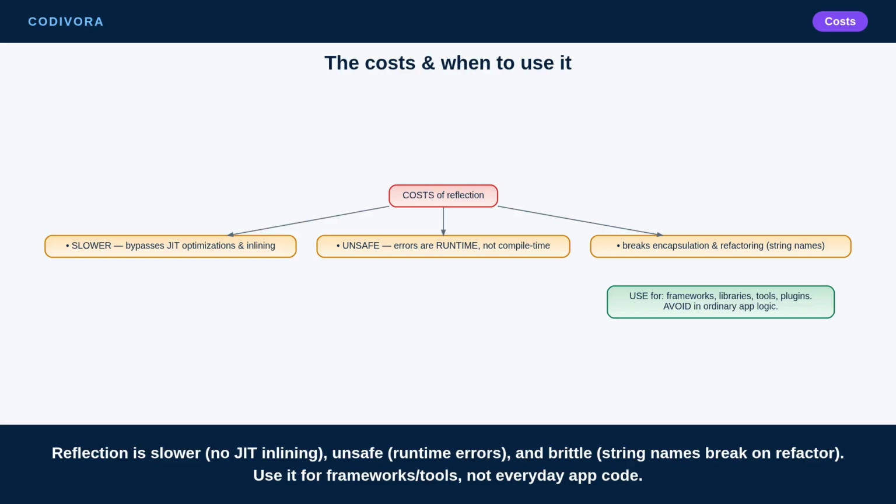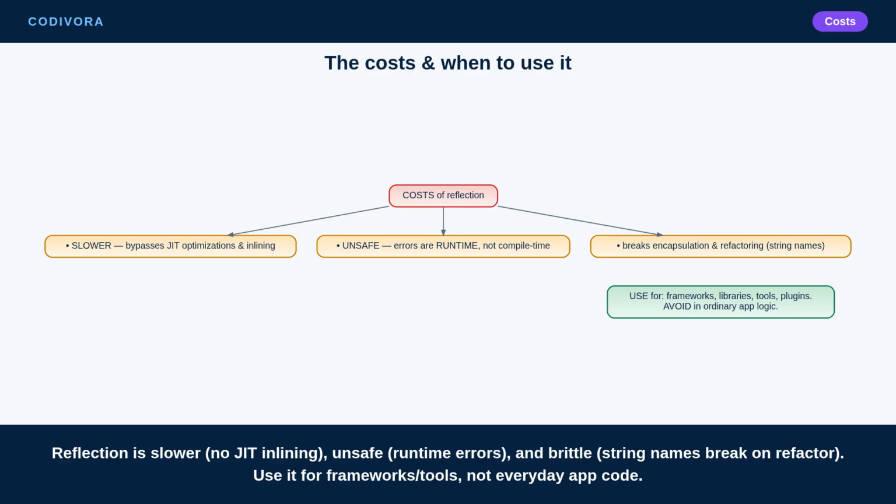Reflection isn't free, and knowing the costs is what separates a pro. It's slower because it bypasses the JIT's optimizations and inlining. It's unsafe. Mistakes surface as runtime exceptions instead of compile errors. And it's brittle. You refer to members by string names, so a rename silently breaks it and refactoring tools miss it.